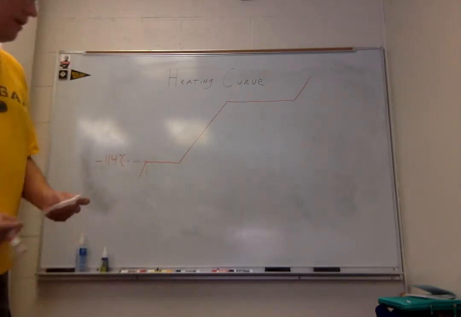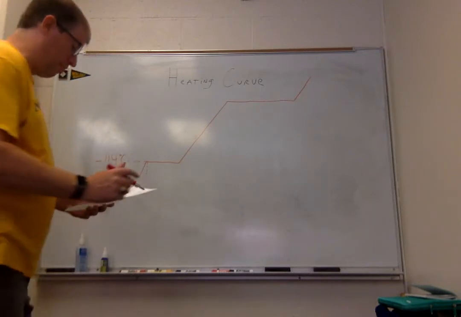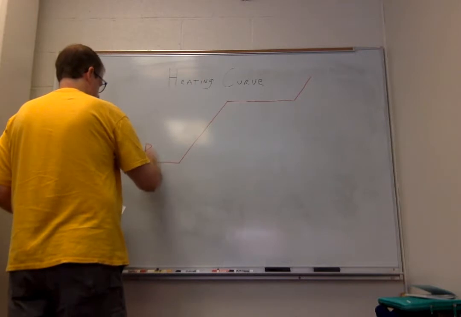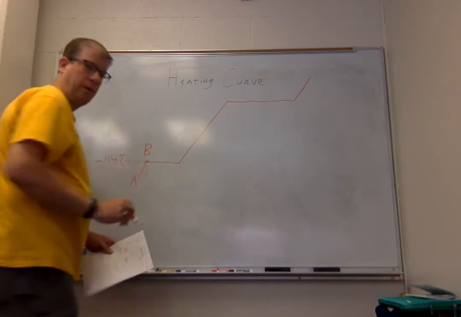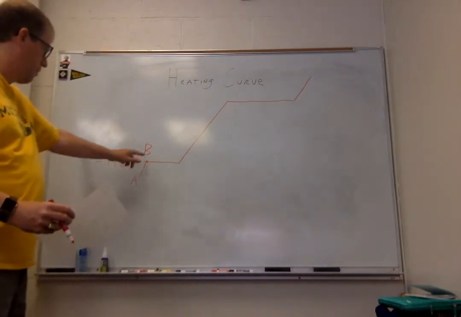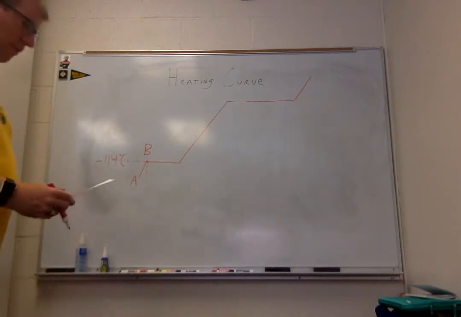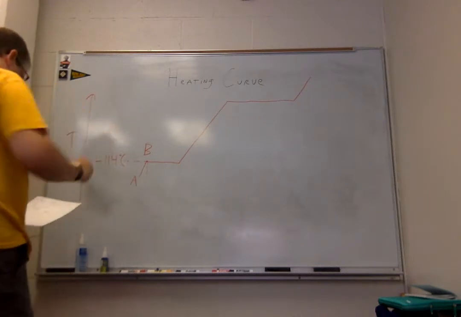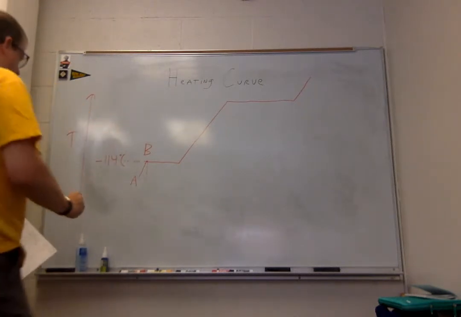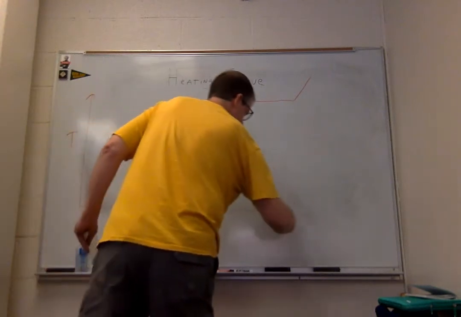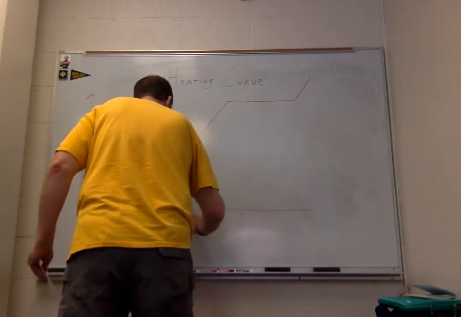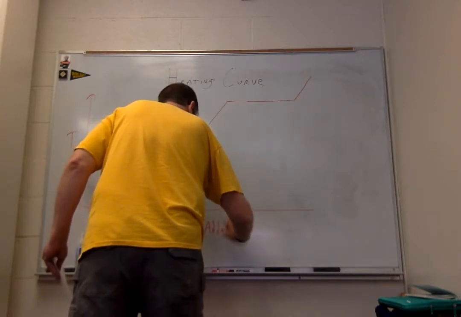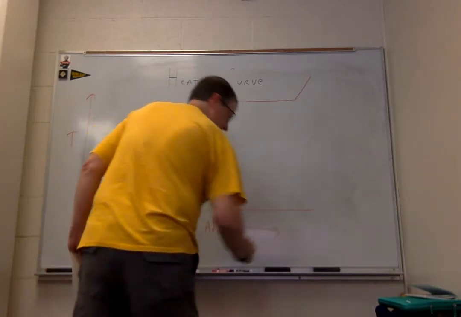And the temperature right here at this point, which I'll label B, I'll label A down there. The temperature where B is negative 114 degrees C. And so this is, on this axis, temperature, and this axis is heat added.